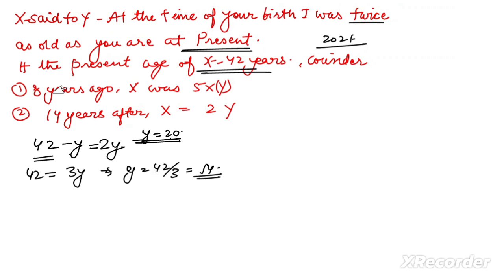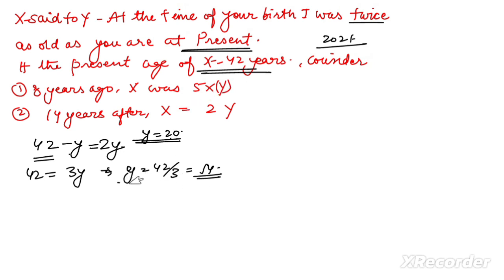Now we have to cross check which statement is correct, statement 1 or statement 2. Statement 1 says 8 years ago x was 5 times of y.